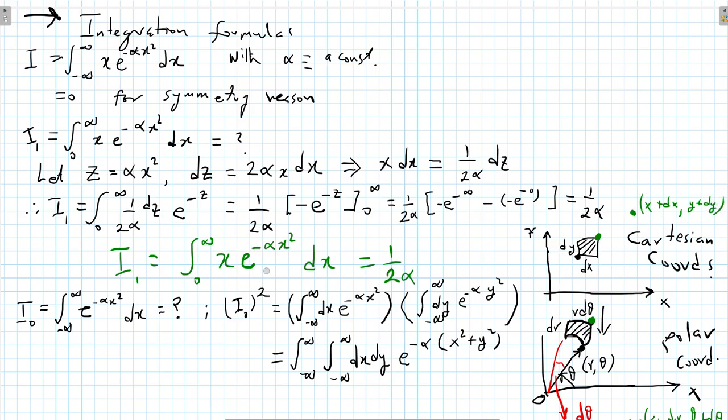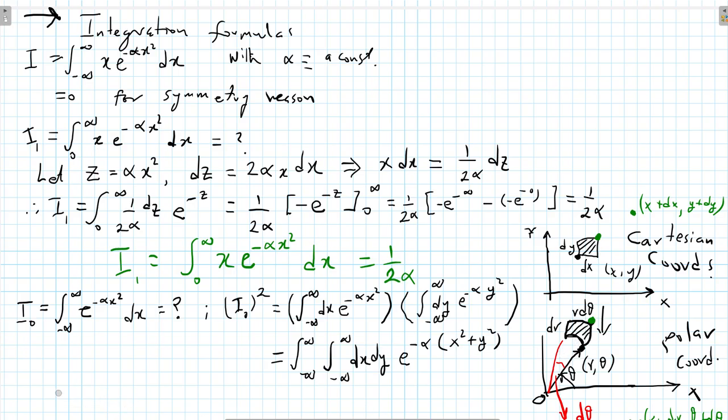The black point, over here, is just x, y. So there's a change from x to x plus dx, and y to y plus dy. So you can see the change of coordinates. This is what is happening.